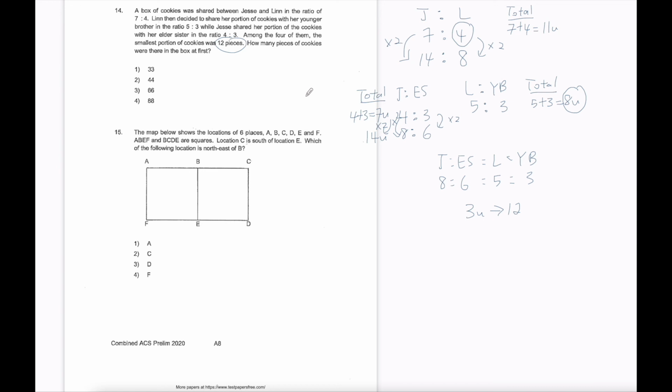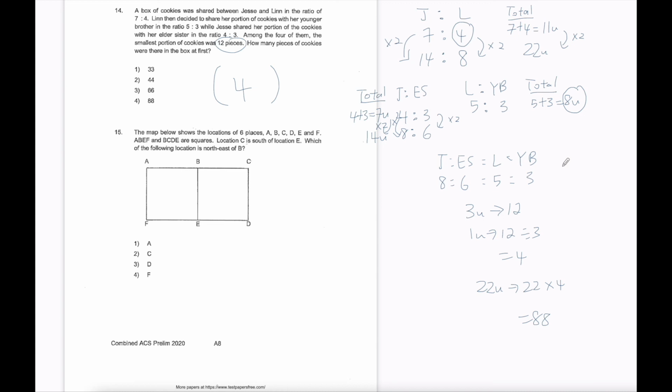How many units were there in the box at first? My total became 22 units, correct? So I just need to find 1 unit first, which is 12 divided by 3. And then I need to find 22 units. It's just 88. And my answer will be option 4. And that's it.